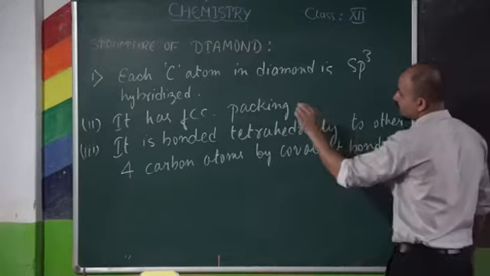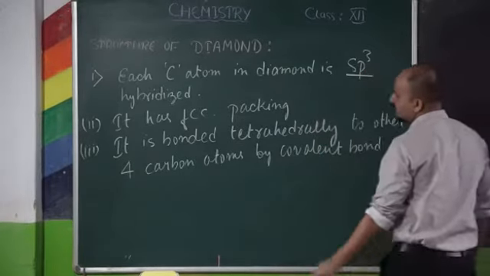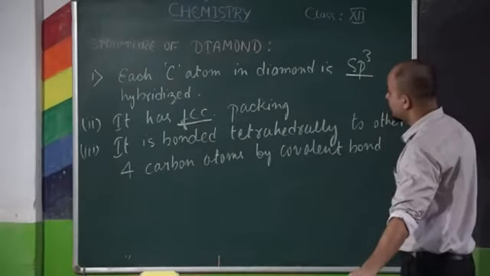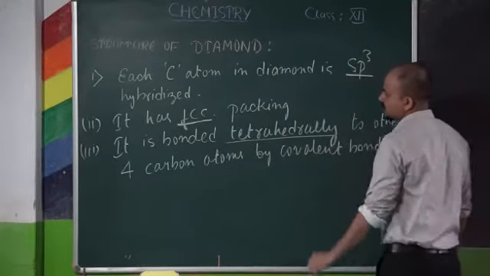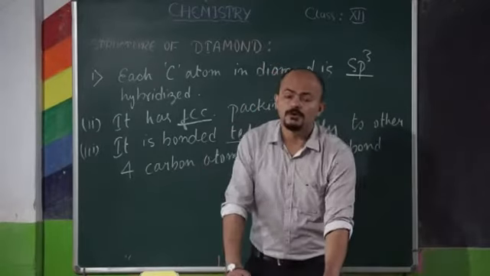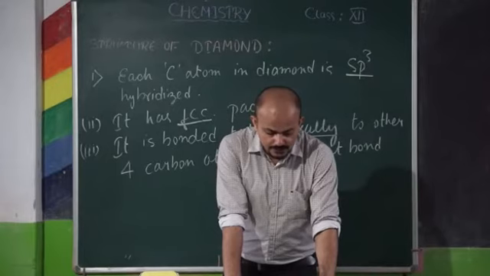Please don't forget, for carbon the most important point is hybridization, sp3 hybridization. It has FCC, so close packing, and it has tetrahedral structure. Each carbon atom in this diamond is bonded tetrahedrally to 4 other carbon atoms. So you have to remember these points.